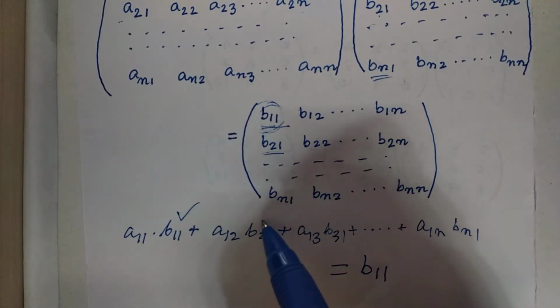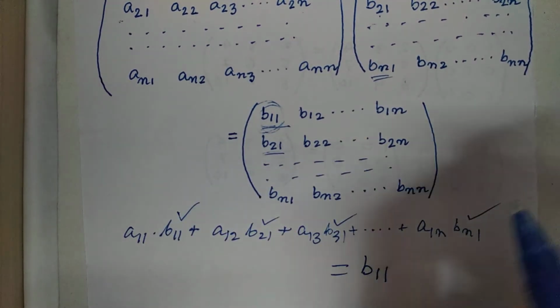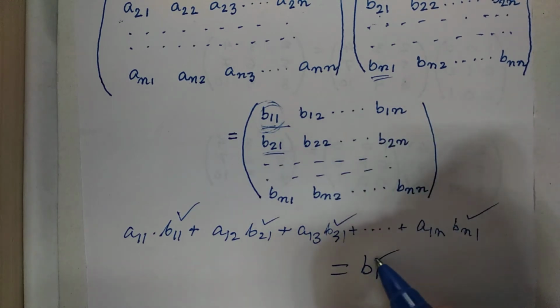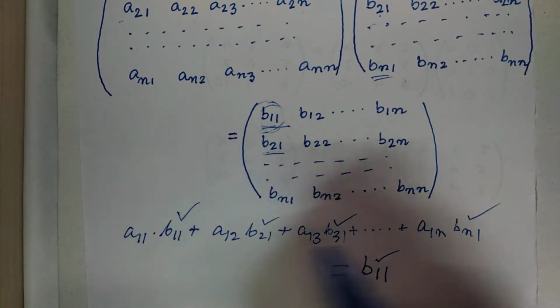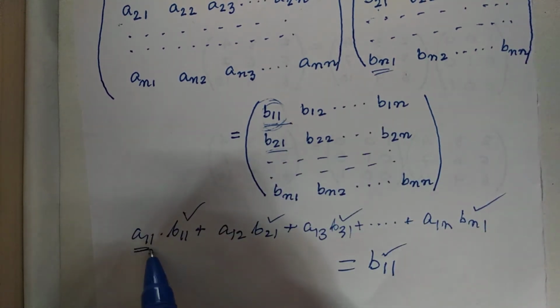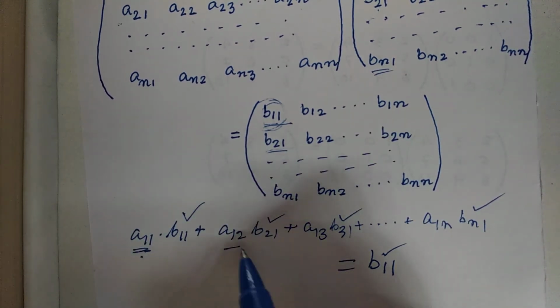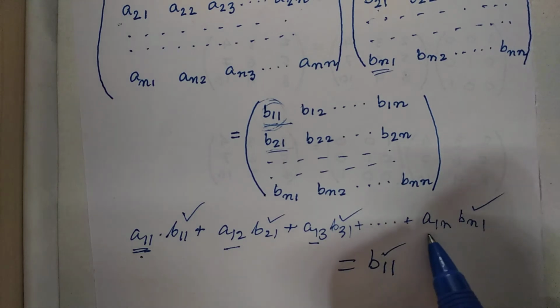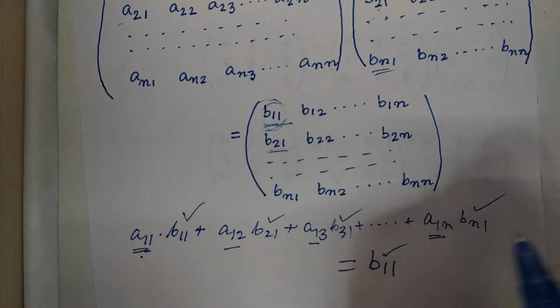These B terms can have arbitrary values, but still this identity can hold only if this A11 is 1 and A12, A13 up to A1n are each 0.